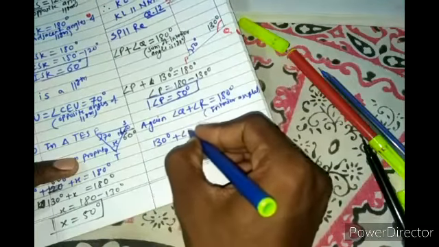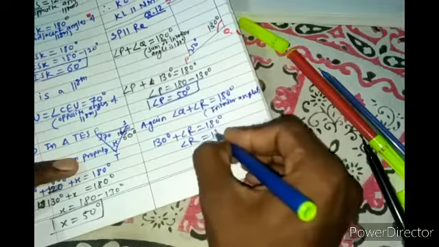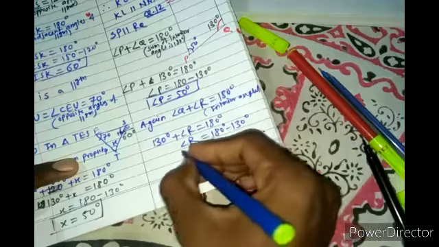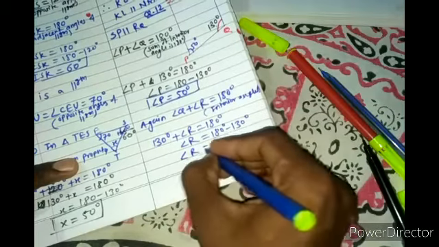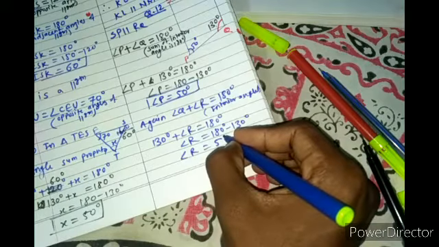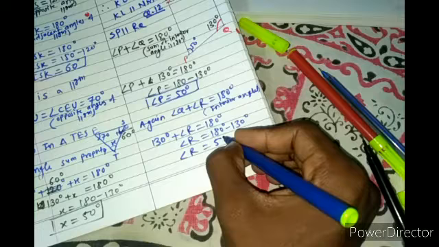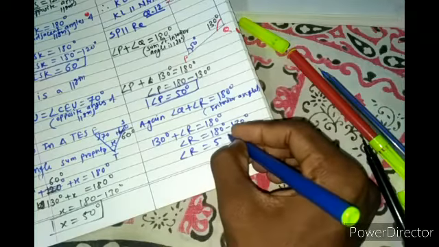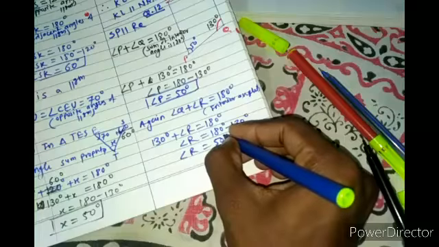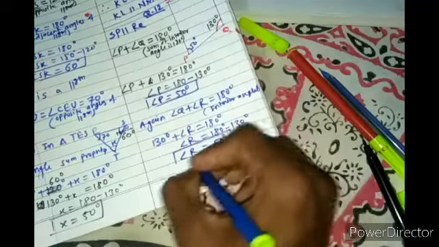R we don't know. Angle R is equal to 180 degrees minus 130 degrees. So angle R is equal to what? Again it is 50, right? This is also 50. Okay.